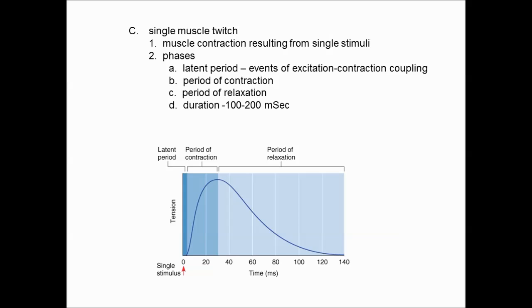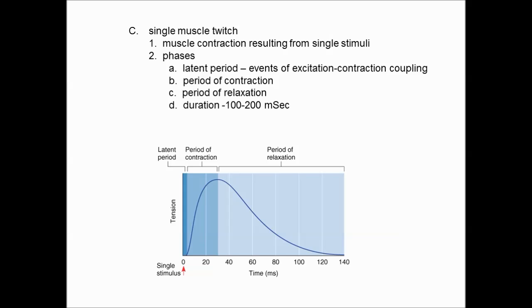We went through those events when we talked about the whole cascade of events that occurs between stimulation of the sarcolemma and actual ratcheting of the actin and myosin filaments. Those are the events of EC coupling, and they occur during the latent period.